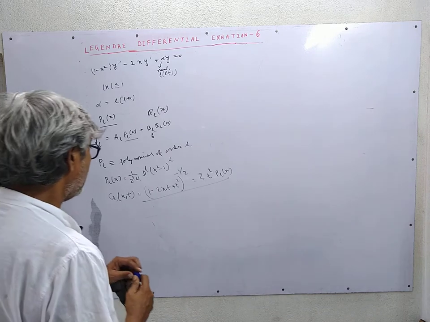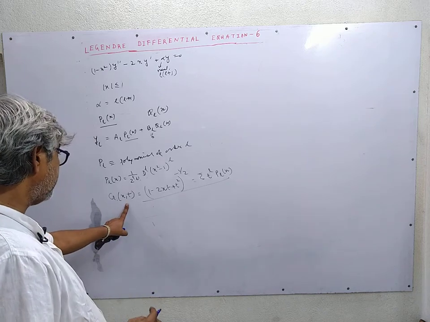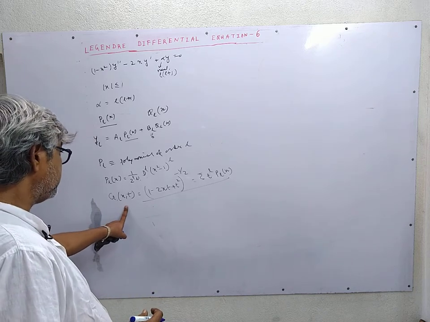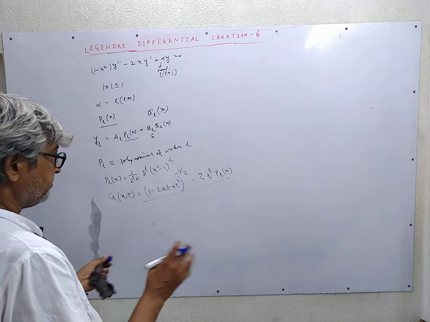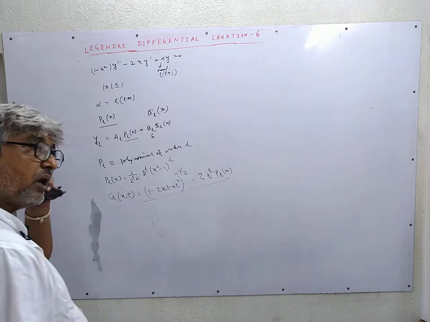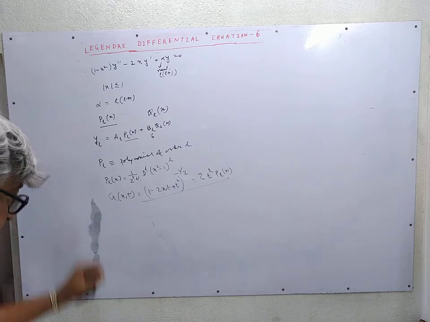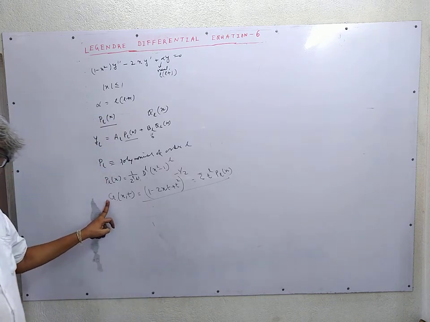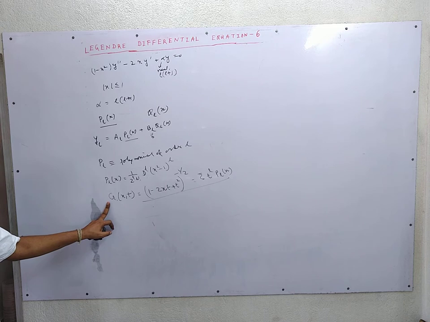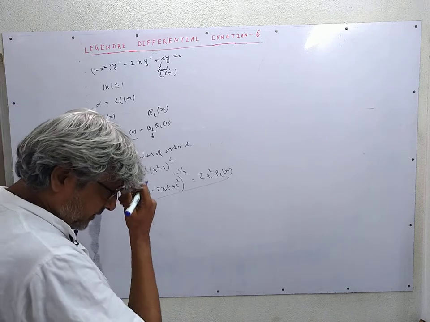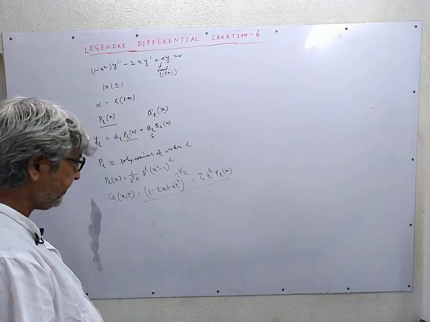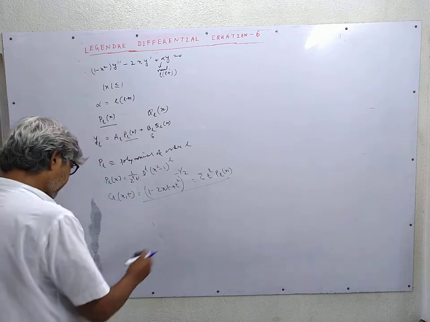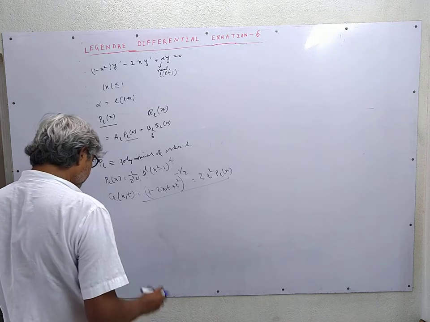Then by differentiating this partially with respect to t, we get a relation between Legendre polynomials of different orders, which is known as the recursive relation, and differentiating it partially with respect to x, we get an expression for the derivative of the Legendre polynomial. These two are the basic recurrence relations which can be manipulated suitably to get other relations.